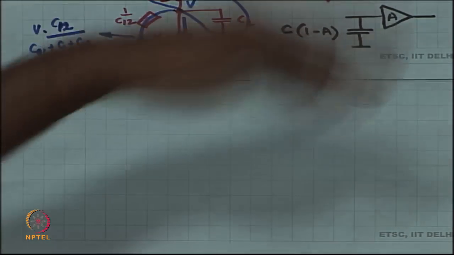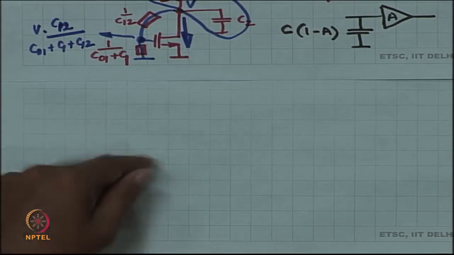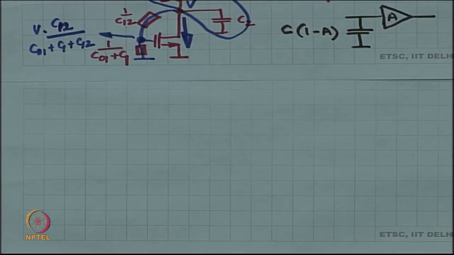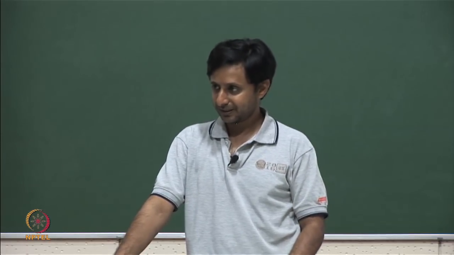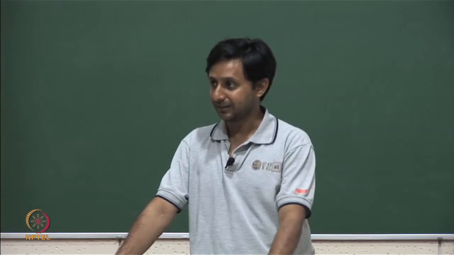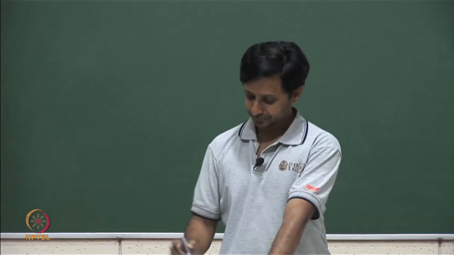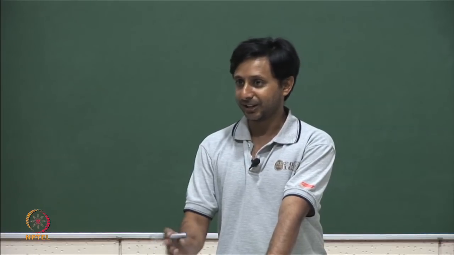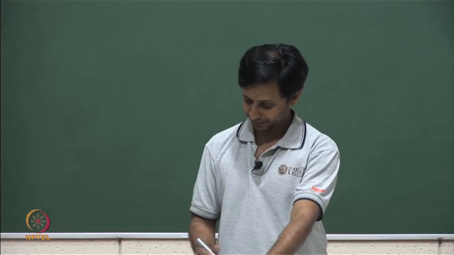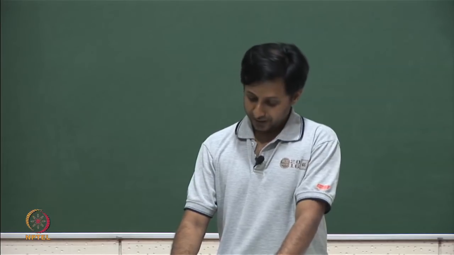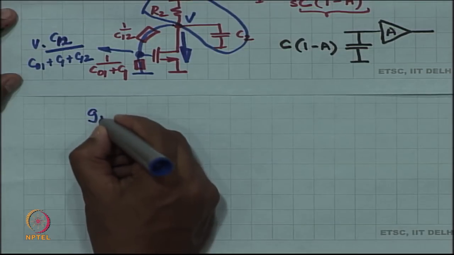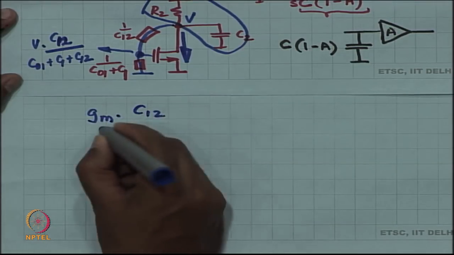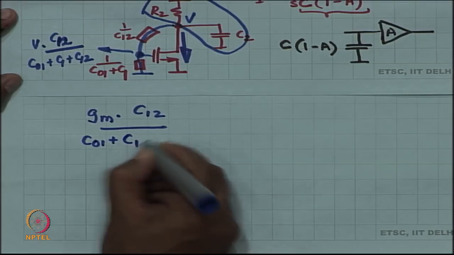This is what we did earlier also, just that now I am throwing out the R1 and simplifying matters, because at this high frequency R1 is no longer relevant, it is all short circuits. Now that R1 is gone, you will see that things are much simpler to analyze. If the MOSFET takes a current, it is going to take a current Gm times C12 by C01 plus C1 plus C12.